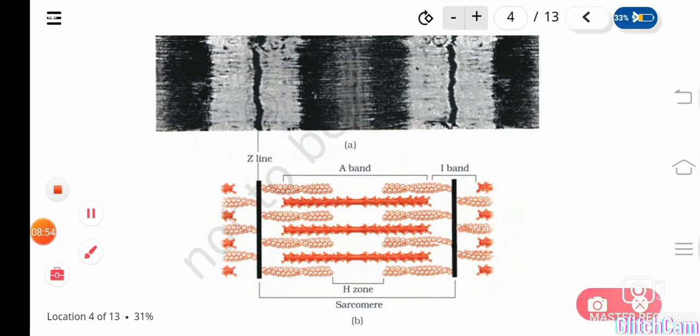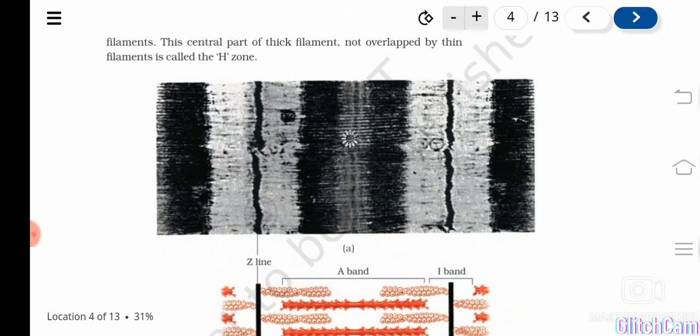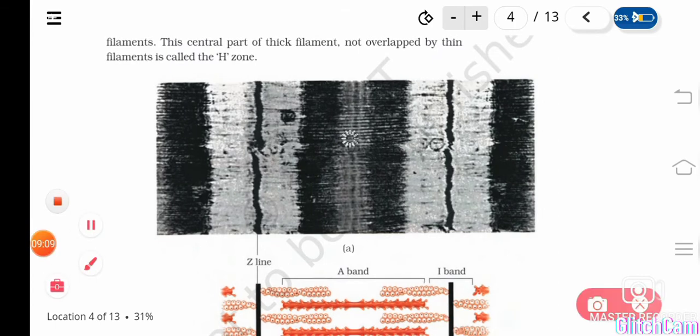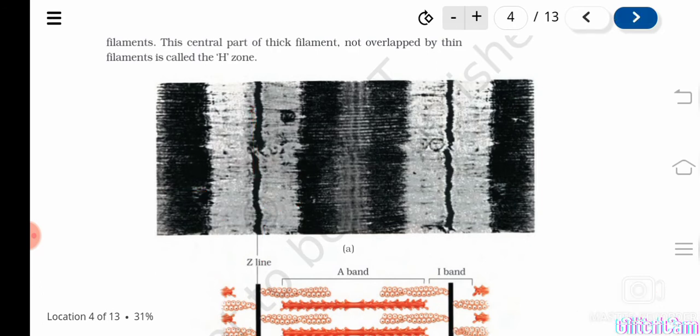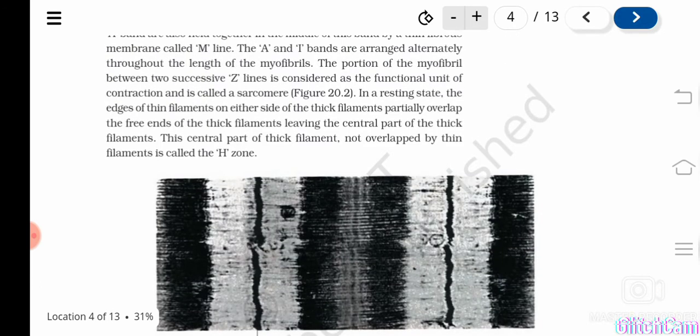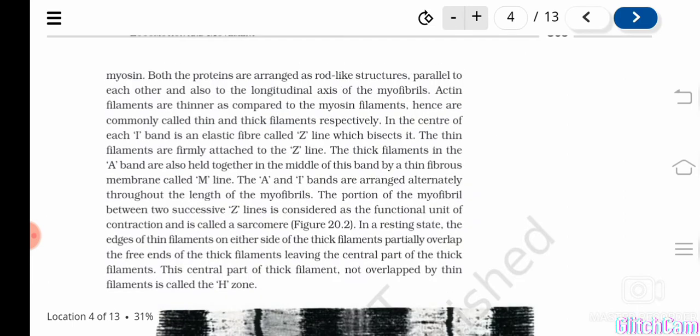Understood? So you can see here in this diagram it's more clear. You can see the A band, okay. A band is actually this, understood? And you can see the I band, this is the I band. And here also in this diagram it's very clear, this is the dark band and this is the light band, okay. In the center of the light band there is a region known as the Z line, which bisects the I band.